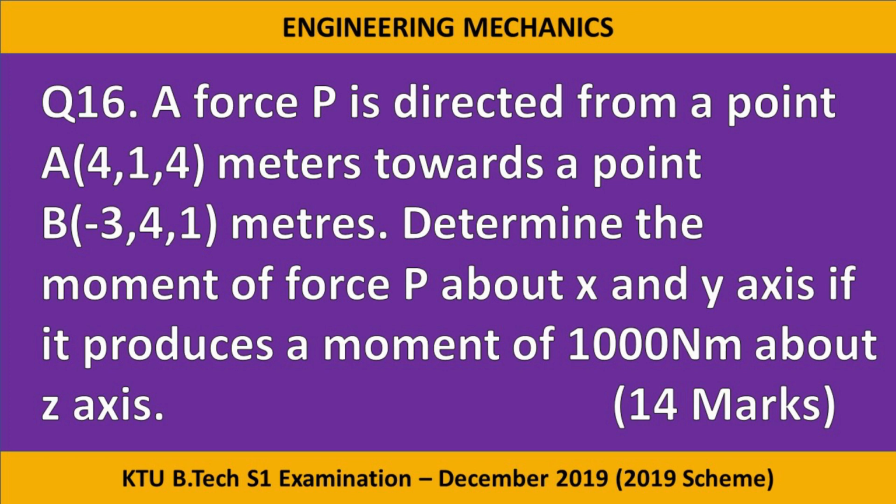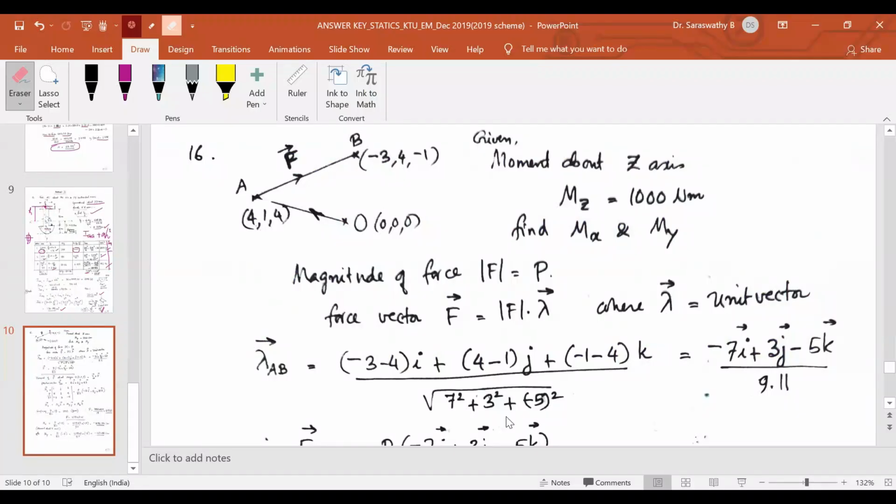Determine the moment of force P about x and y axis if it produces a moment of 1000 Newton meter about z axis. It's a question from forces in space. A simple question when compared to the moment of inertia. It takes less time only.